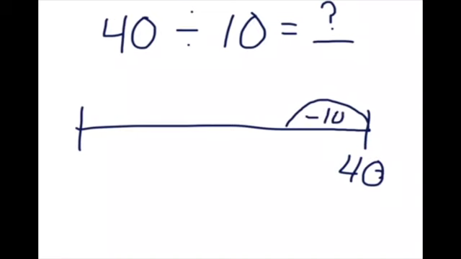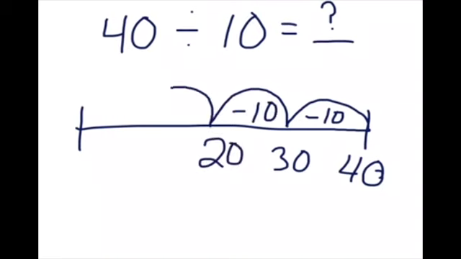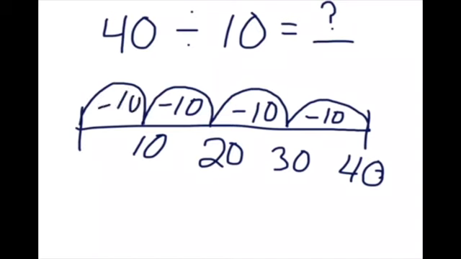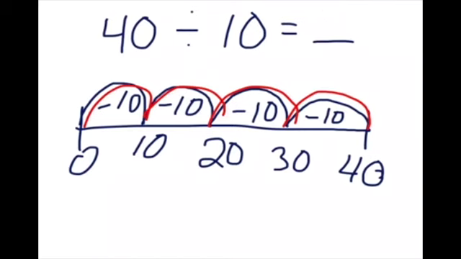So minus 10. 40 minus 10 is 30. 30 minus 10 is 20. 20 minus 10, we know, is 10. And what's 10 minus 10, everyone? 0. Nice job. So what would be our answer to 40 divided by 10? 1, 2, 3, 4. Because I made 4 jumps backwards. So 40 divided by 10 is 4.